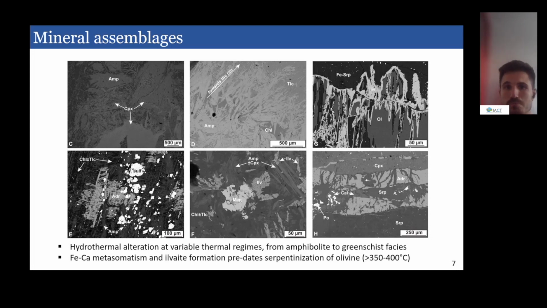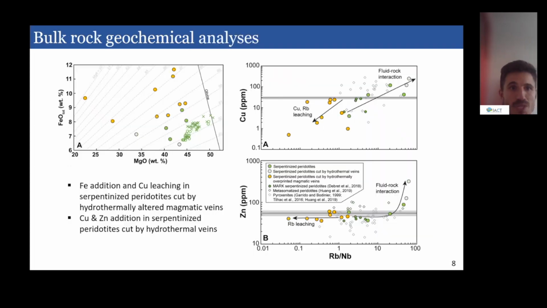So to better understand the behavior of metals during these different magmatic and hydrothermal processes, we performed geochemical tracing. And I present you some metals of interest through these different diagrams: iron, copper, and zinc.